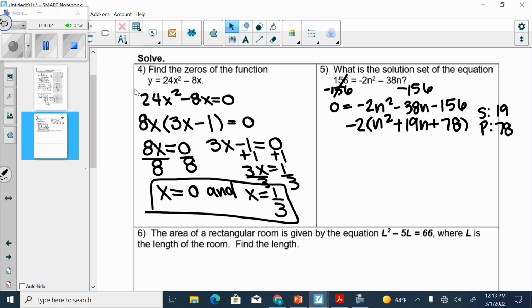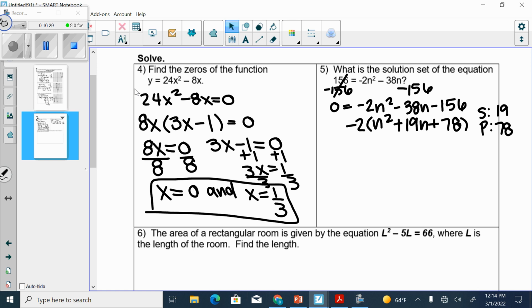Okay, so what are some even numbers that we know will go into 78? I'm checking our calculator. 2. 2 times what gives me 78? Okay. But is 39 and 2 going to give us 19? No. Okay, so let's try the next even number. What would be the next even number?